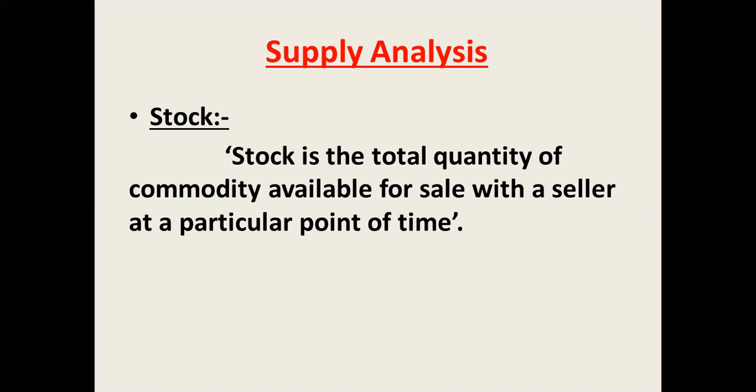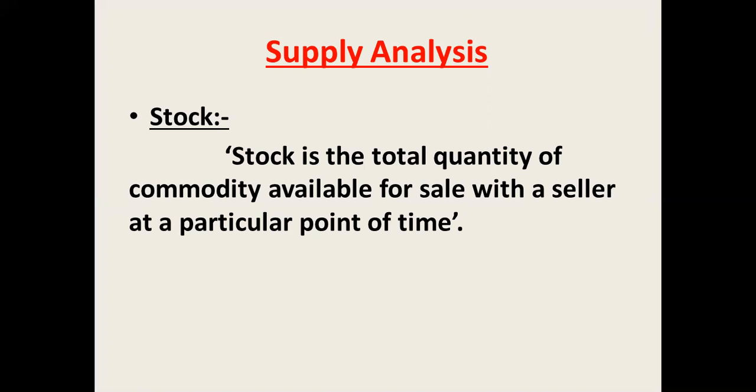Why? Because we never store perishable goods for extra time. Those goods are made available easily for sale. So the stock and supply are the same for a perishable good.